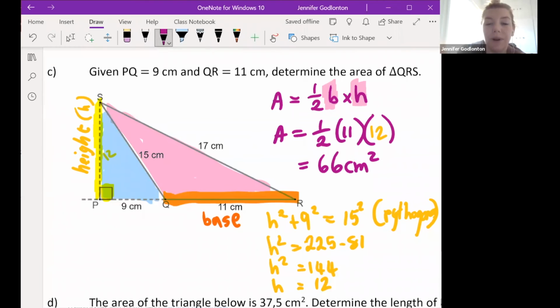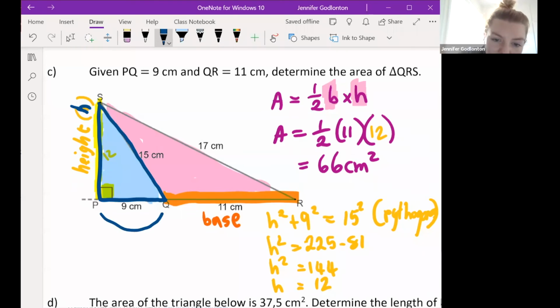Okay, so when we're looking for the height, we're looking at this triangle over here, right? Yes. Looking at that right angled triangle is how we find the height, because our height is sitting on this side over here. So in this blue triangle, PS is my height, PQ is one of my sides, and SQ is my hypotenuse.